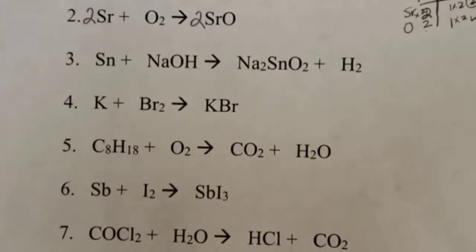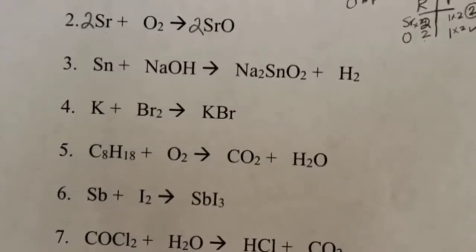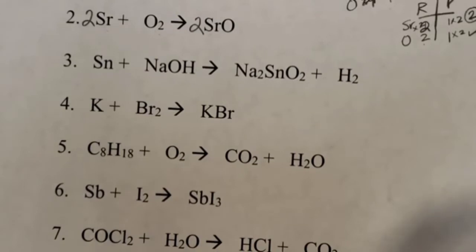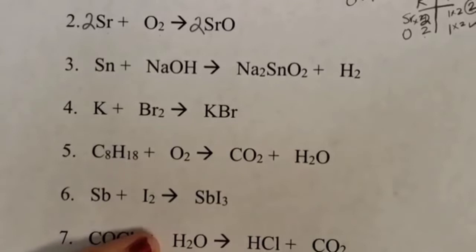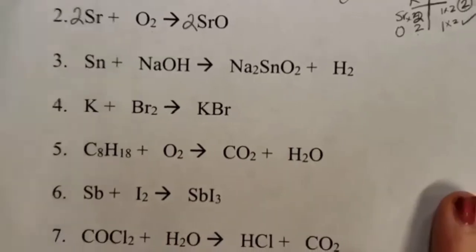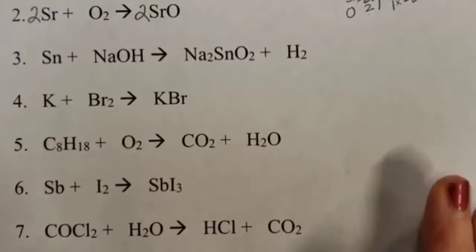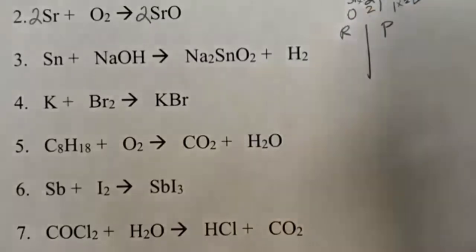All right, number 3. Tin plus sodium hydroxide yields sodium tin oxide, I don't know the name for that, and then just a molecule of hydrogen. Here's our chart, reactants versus products.